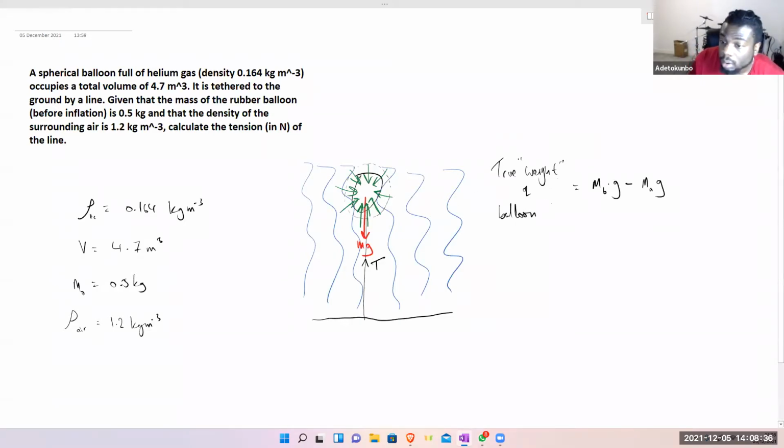So MB equals the mass of helium plus mass naught. The mass of helium is its density, 0.164, multiplied by the volume that it occupied, which is 4.7. And that is added to the mass of the balloon, 0.5.